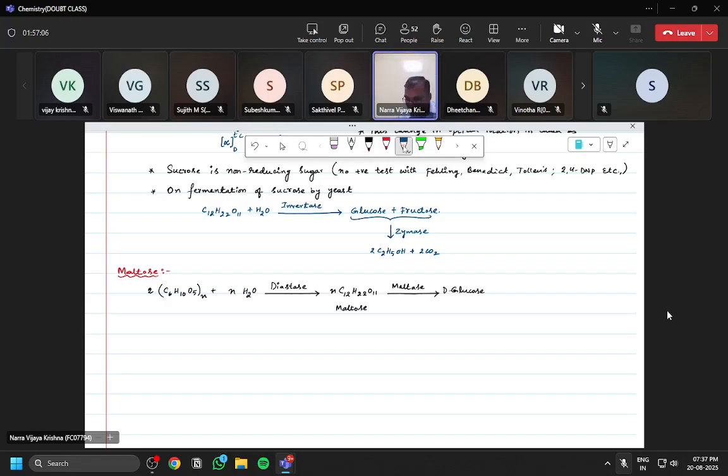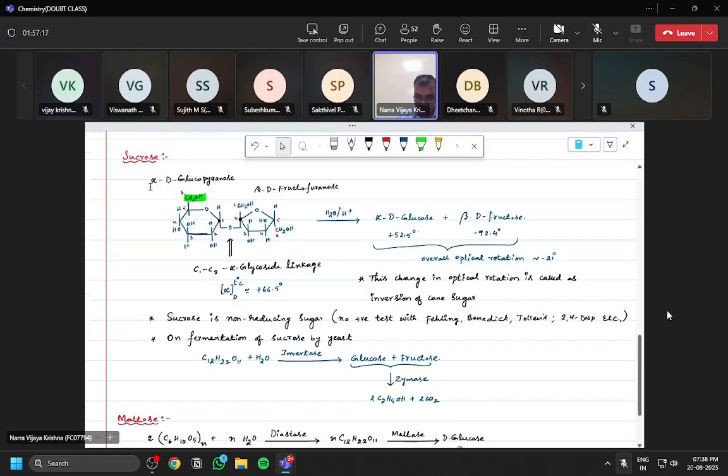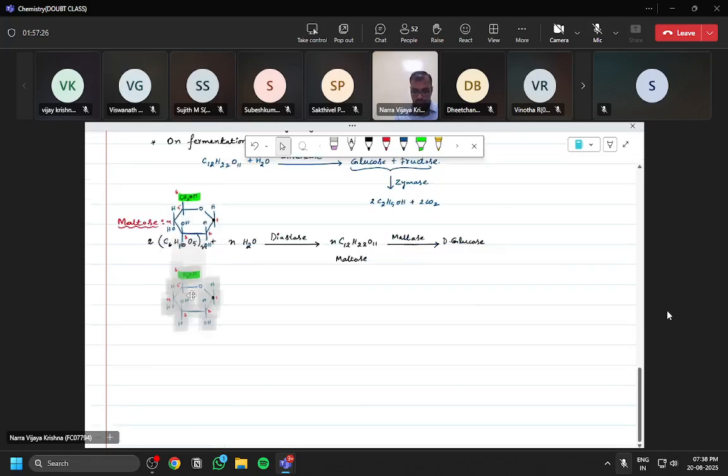Right? So it has only glucose, which means I am taking 2 glucopyranose rings and connecting them. So I am taking this glucopyranose ring. Right? This is nothing but alpha D glucopyranose ring.